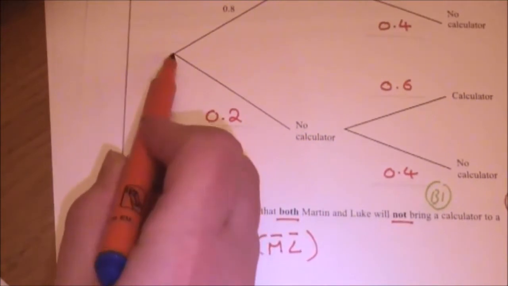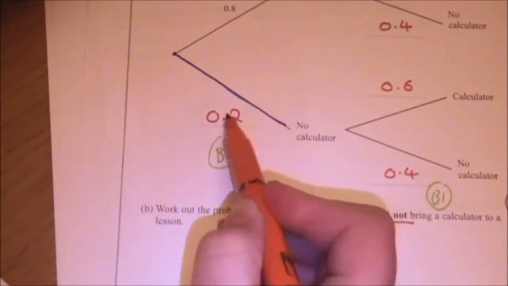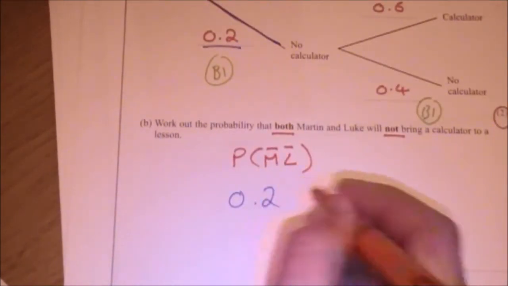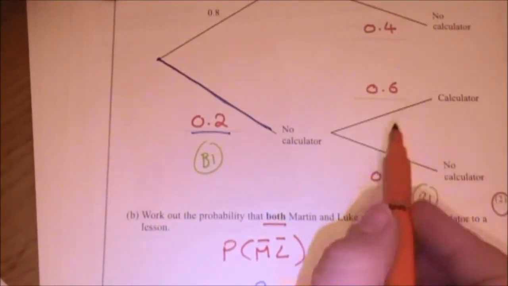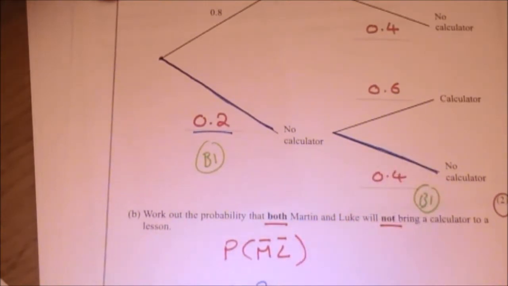The probability of Martin not bringing a calculator is this root here, and that is equal to 0.2. Then I need to turn my attention to Luke, and the probability of him not bringing a calculator is 0.4.